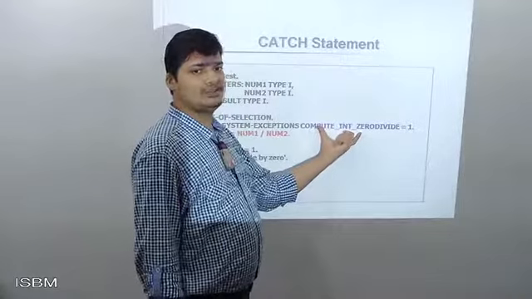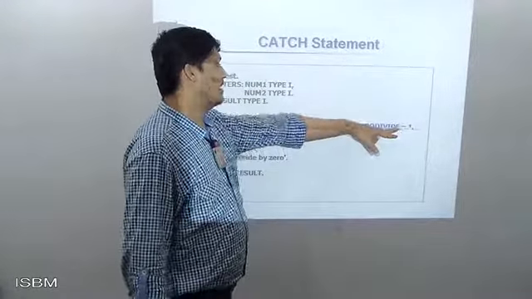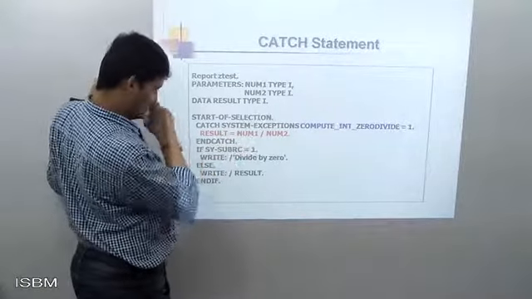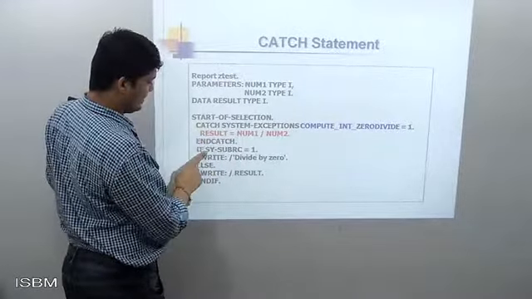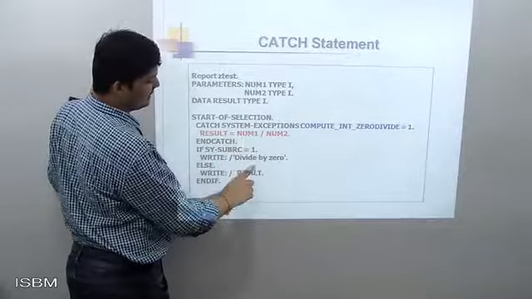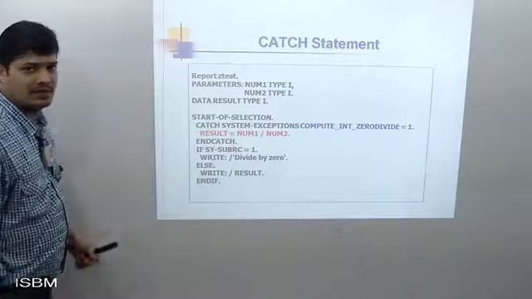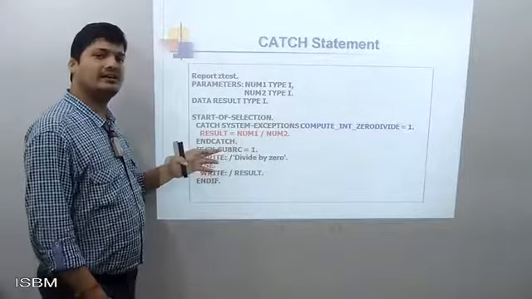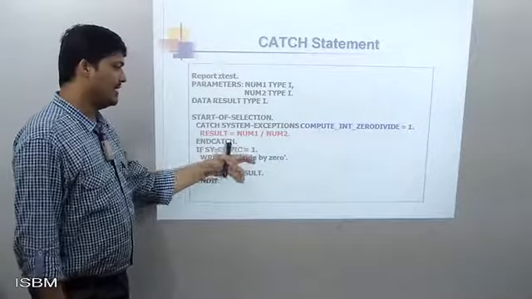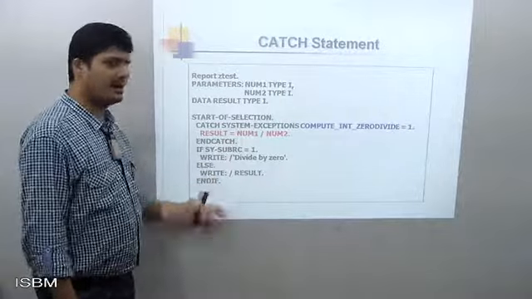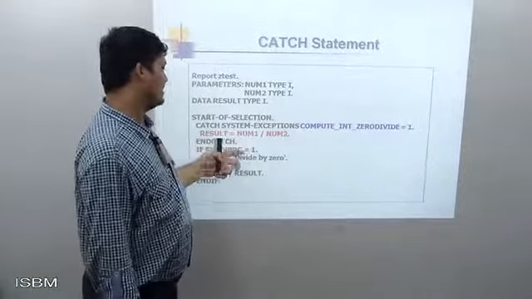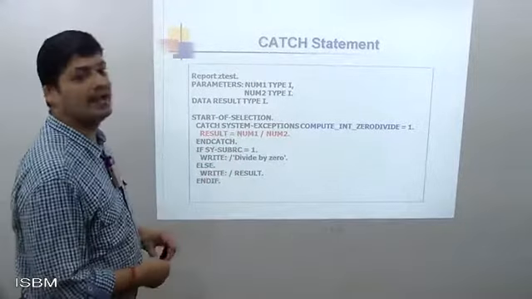Here I am dividing by 0, and if it is equal to 1, result = num1 / num2. ENDCATCH. If sy-subrc is equal to 1, write divide by 0; otherwise, write result. If the value comes as 1, it is not satisfied, so it writes divide by 0. It is showing that you have divided the number by 0, so the condition is not satisfied and it shows an error.